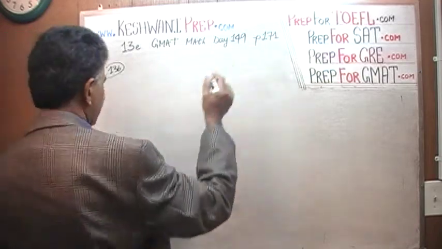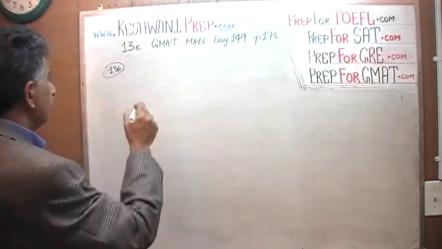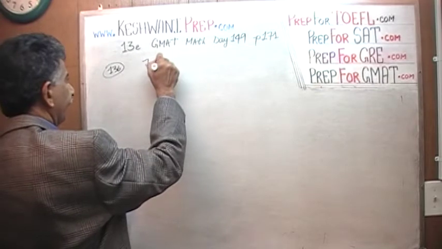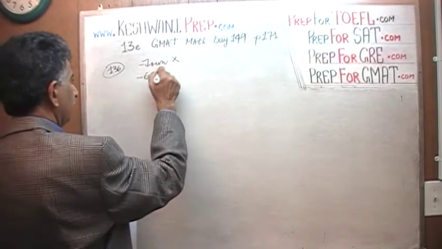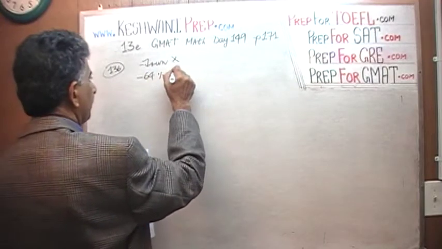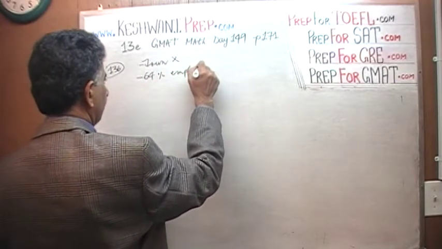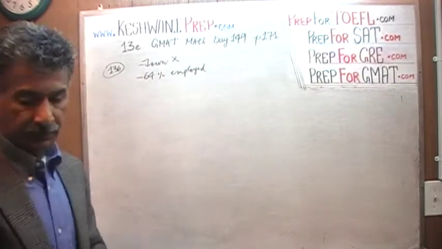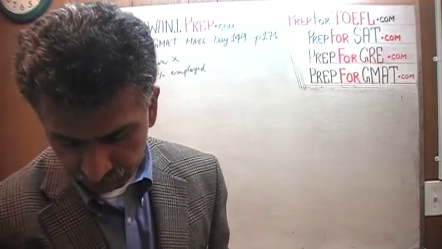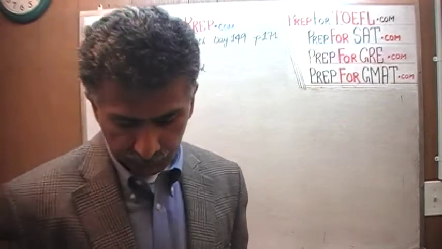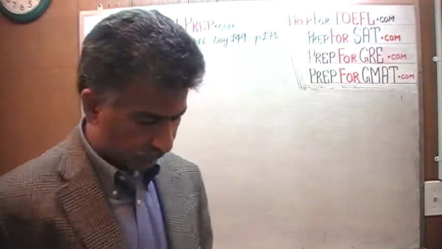It says that we have a town X. Let's read it properly here. In town X, 64% of the population are employed, and 48% of the population are employed male.